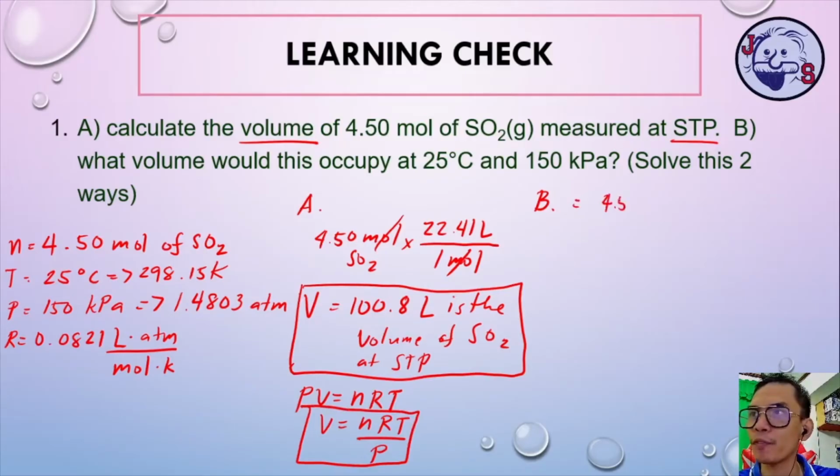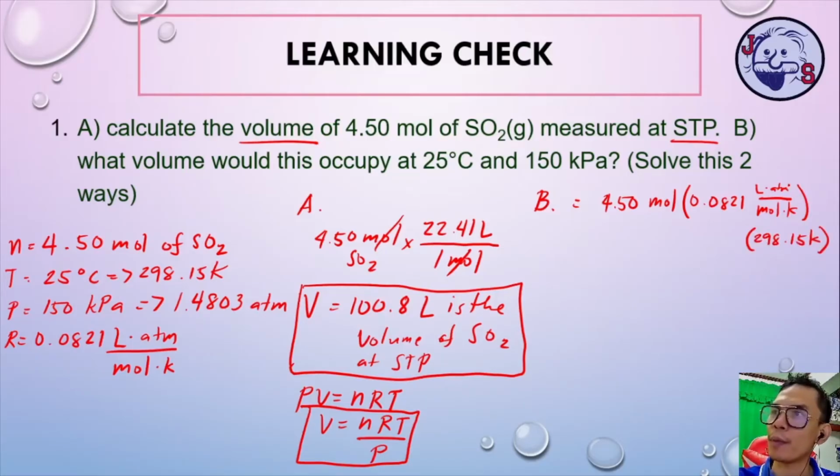So we have 4.50 moles times 0.0821 liters atmosphere per mole Kelvin. And for the temperature, we have 298.15 Kelvin.